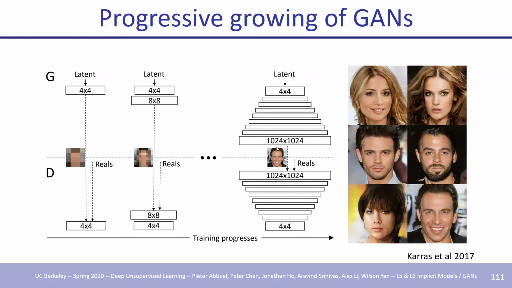You keep doing it until you reach whatever high resolution you want. Instead of starting from the full resolution and trying to train the whole stack, let's just start with a small one and then increase it. And so they were able to generate some very good looking images from GAN output.